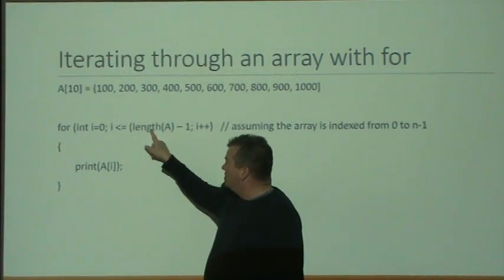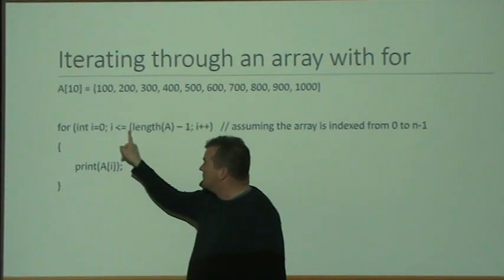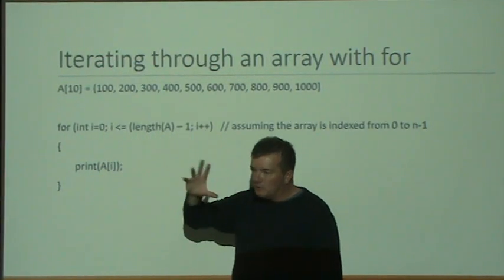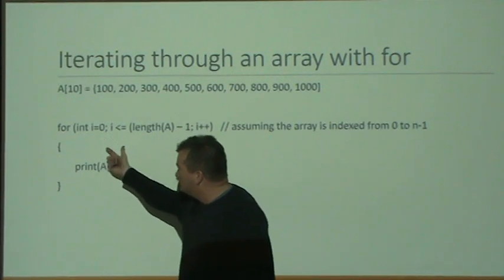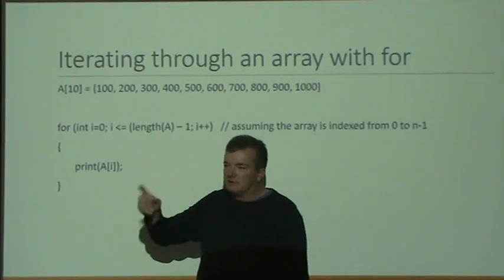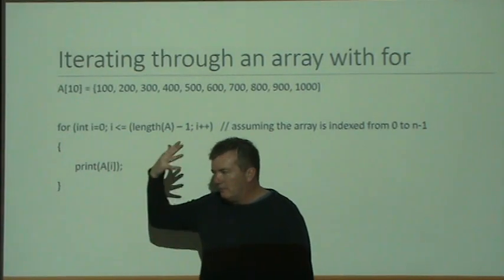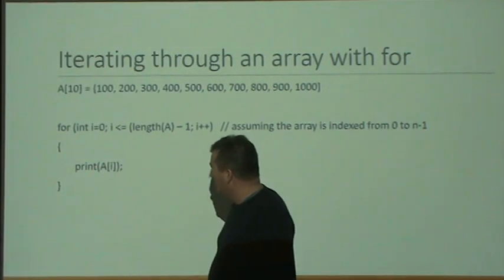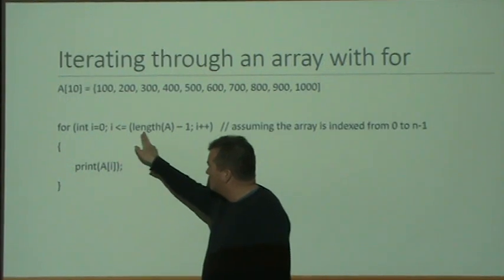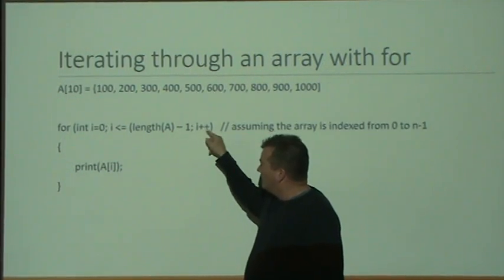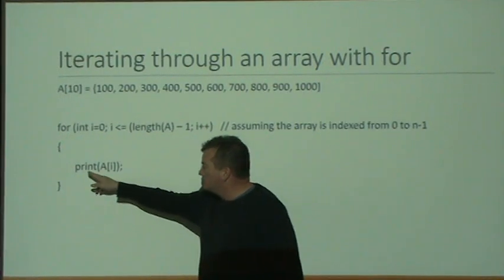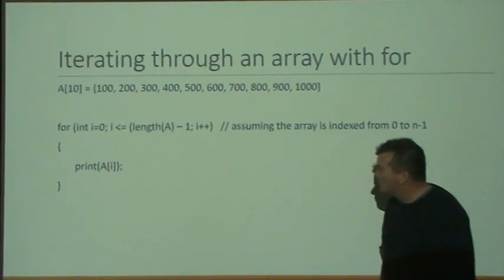I'm assuming I'm using a programming language like Java or C++, which uses the indexes from 0 to n minus 1 for the elements in the array. So I is going to start at 0, and as long as it's less than or equal to the length minus 1, I'm going to iterate, have I increment by 1, and then I could just print out every element.